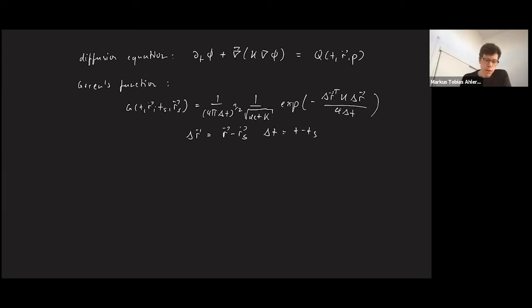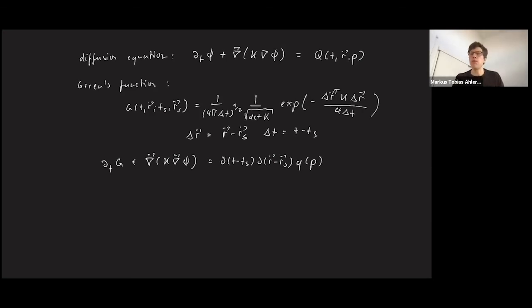So this is the Green's function of this differential equation, which means that it's a solution to the following expression: dtG plus the gradient of k, so divergence of k gradient phi, is equal to delta t minus ts delta r minus rs, and then I have a function Qp here, which is going to be the emission spectrum of a source.